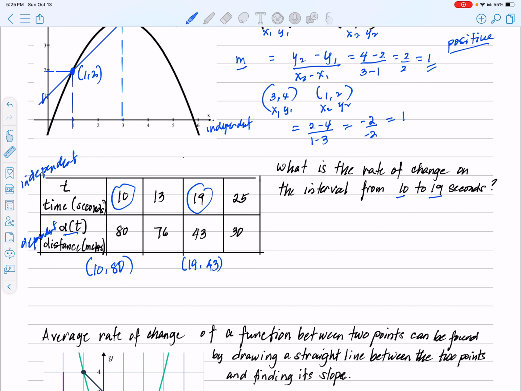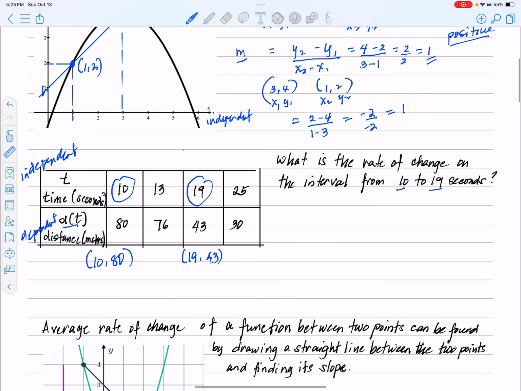So simply by doing the change in y over the change in x, I could make this x1, y1, x2, y2.